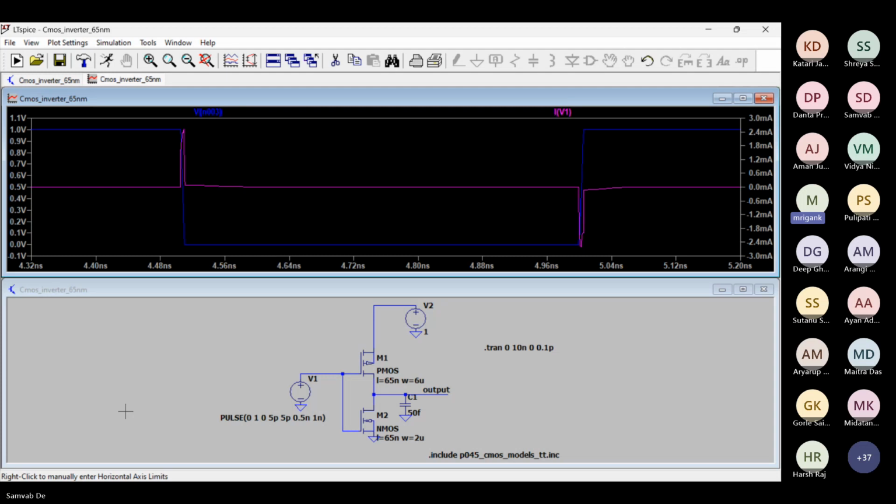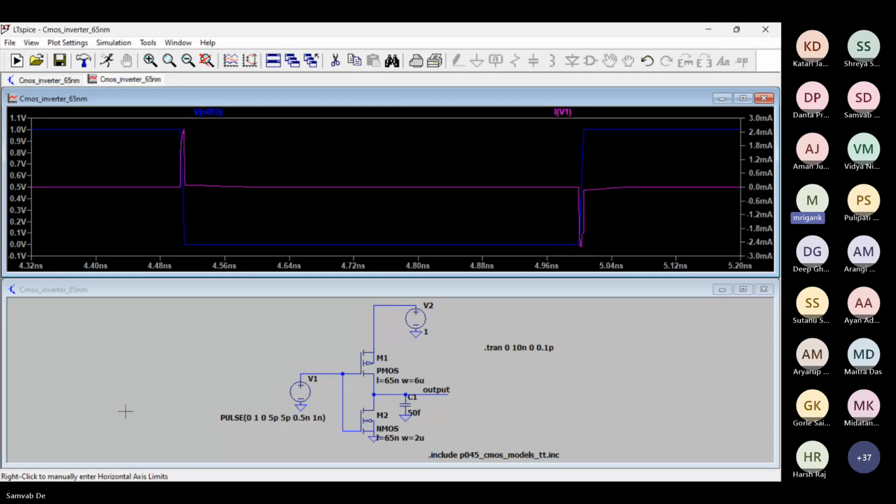Effectively, you can break down the CGD and bring it in parallel with the CGS of the PMOS and NMOS. From the small signal point of view, both sources, PMOS and NMOS sources, are at AC ground. VDD is also AC ground. So effectively, we get a small signal capacitance between gate and AC ground.